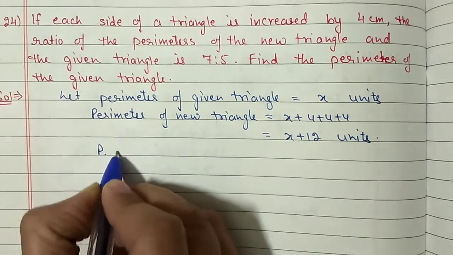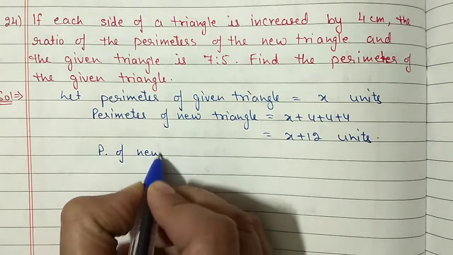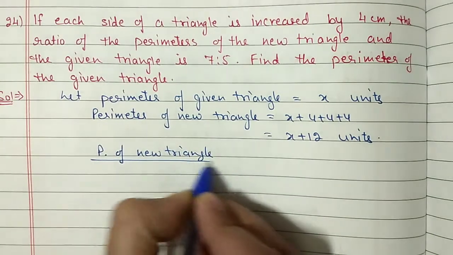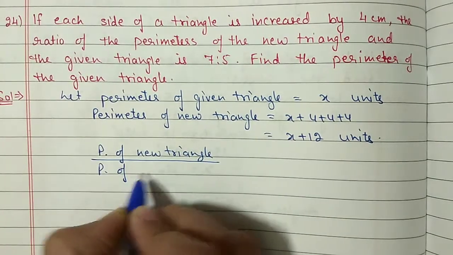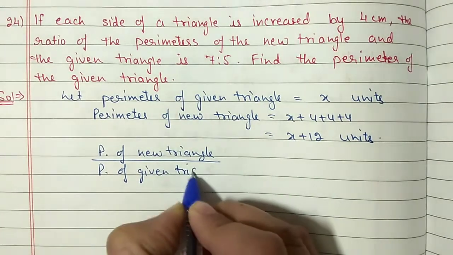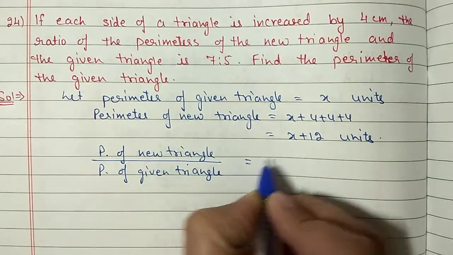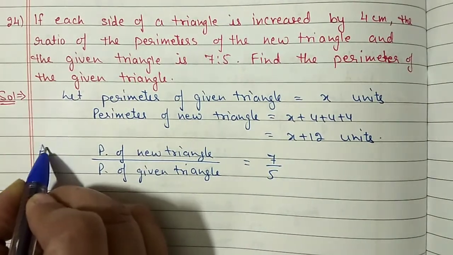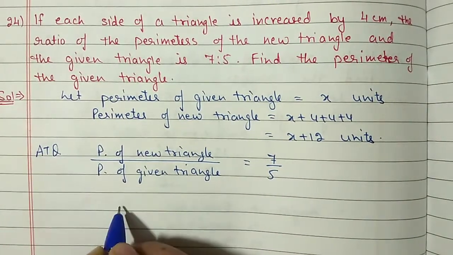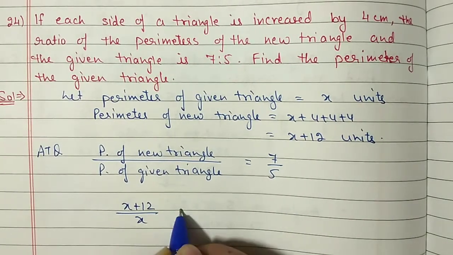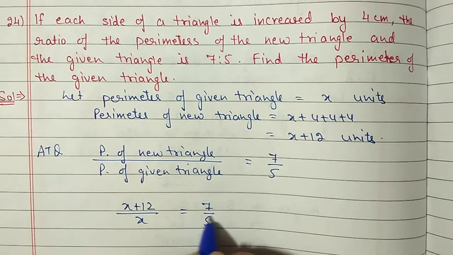So the perimeter of the new triangle by the perimeter of the given triangle is 7/5. We can substitute the values: x plus 12 on top and x below, equal to 7/5.